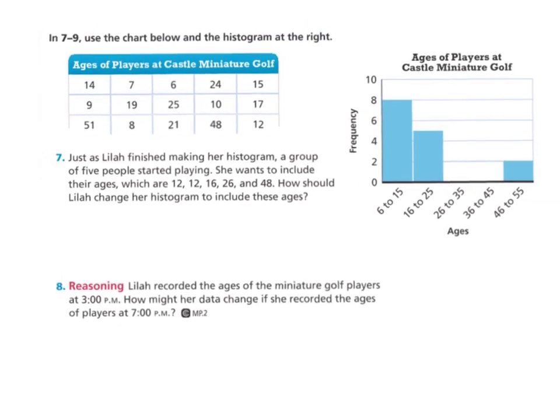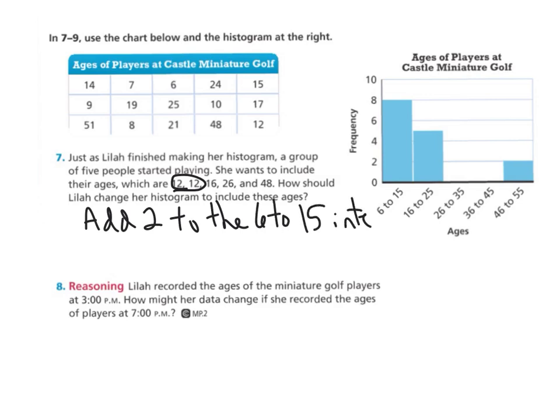So our lowest group is 6 to 15, and if you look at the numbers, these new players we have, both of the people that are 12 years old would fall in that group. So we should add 2 to the 6 to 15 interval. Our next interval, 16 to 25, we have a person that's 16 years old, and that's the only one.